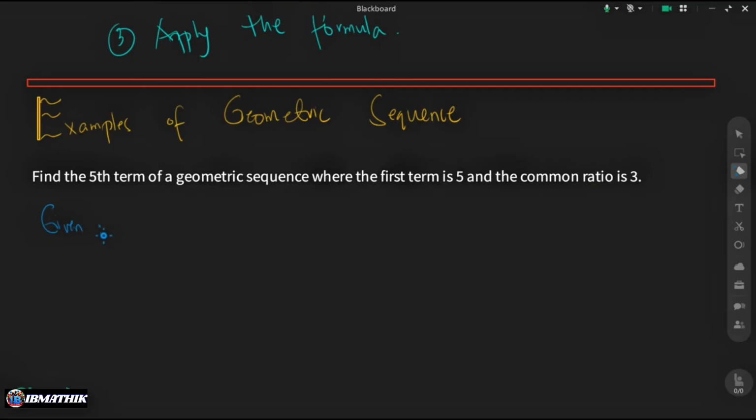So the first step is we need to get the first term. In this case, our first term is 5. And our common ratio will be 3. And we need to find the nth term, and of course, the position of the term is 5.